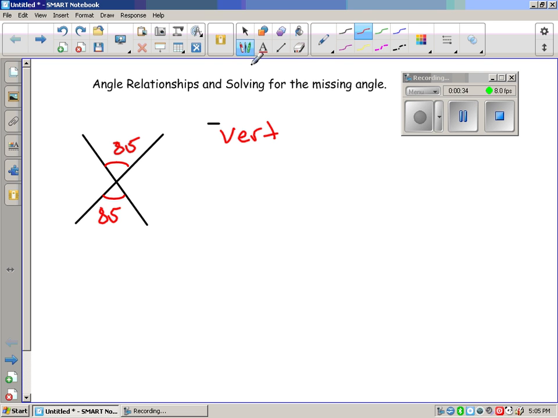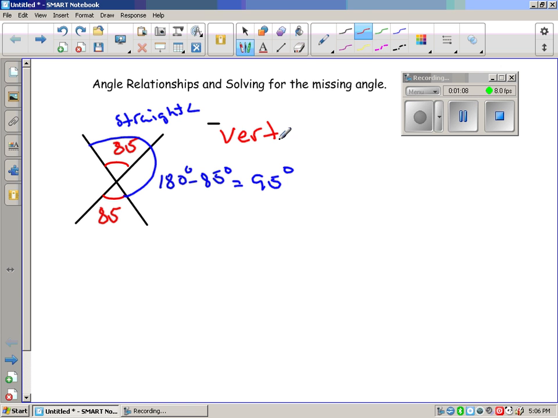If you look a little bit closer, you can see that the 85-degree angle and the angle next to it make a straight angle, and that is 180 degrees. So I can find the angle next to the red one, the blue angle, by saying it's 180 minus 85 degrees, which gives you 95 degrees.